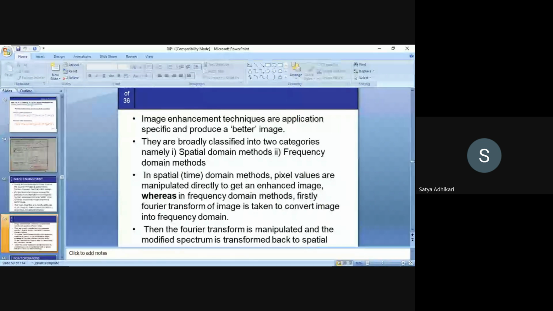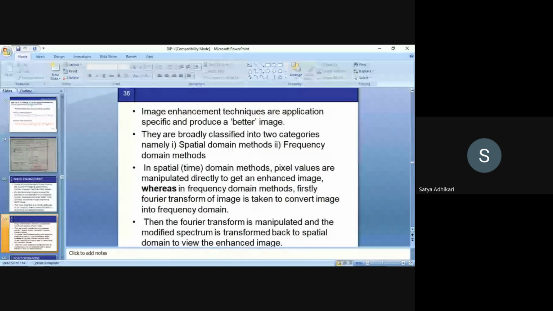Then the Fourier transform is manipulated and the modified spectrum is transformed back to the spatial domain to get the enhanced image. We will discuss the Fourier transformation, like your previous example, where the transformation is given as 1 by root N. Once it is transformed, the inverse transform is used to get the original form.